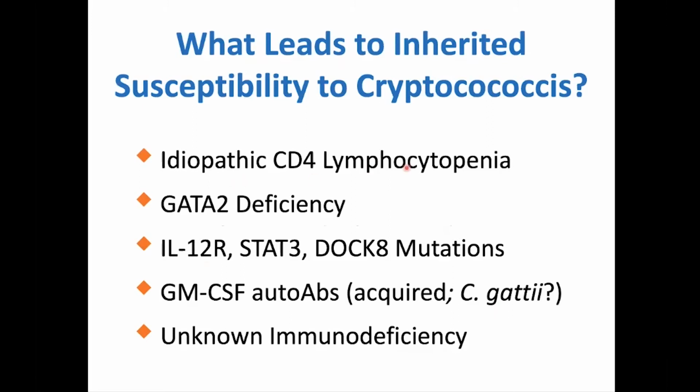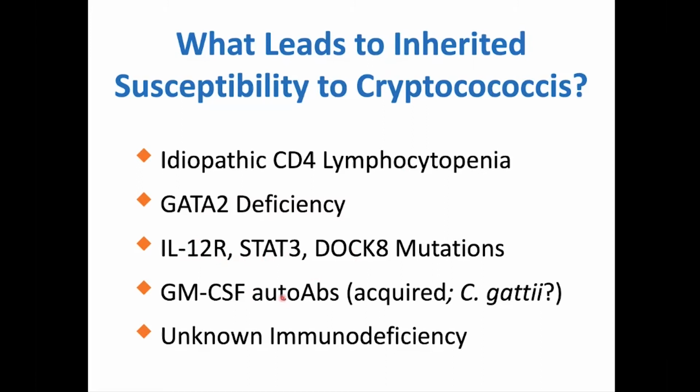So idiopathic CD4 lymphocytopenia, which is an entity of having HIV/AIDS without really having HIV/AIDS, so absence of CD4 T cells. As with HIV/AIDS patients, these patients can develop Cryptococcus, GATA2 deficiency, IL-12 receptor, STAT3 and DOCK8 mutations.